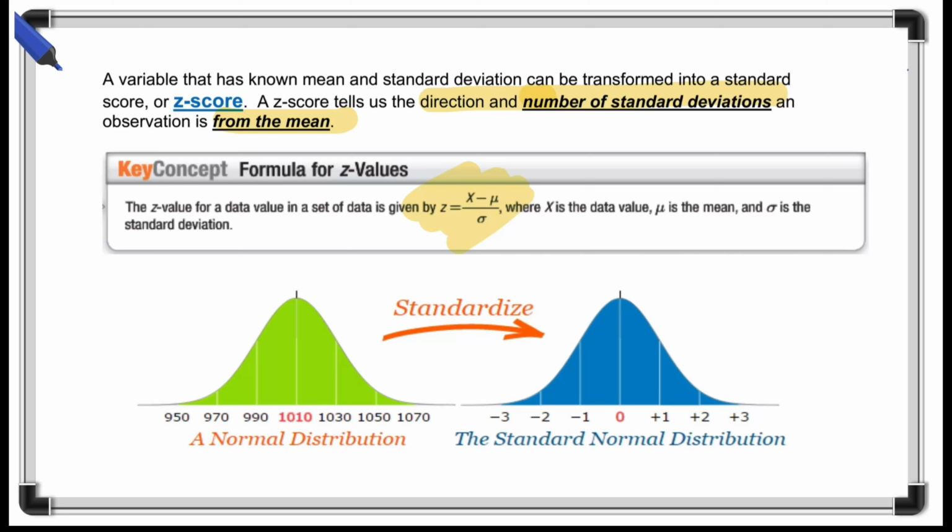If you were to standardize this normal distribution, if you went 10 and then 20 in either direction, that is one standard deviation. If you're looking at going 40 in either direction, that would be 2 standard deviations. So again, we're just standardizing our normal distribution here.